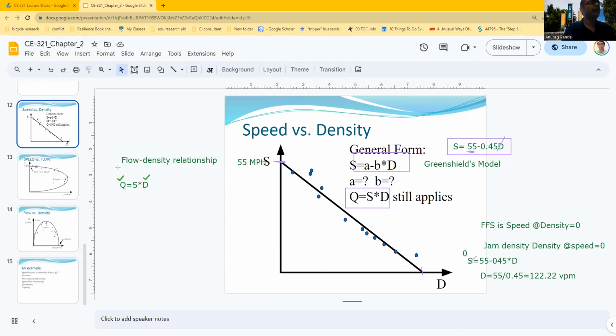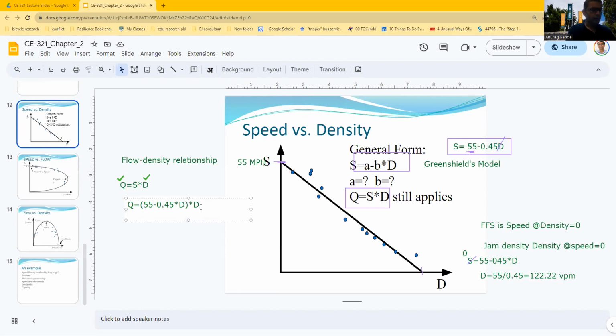So all I need to do to find flow density is just replace the S in Q equal to S times D by 55 minus 0.45 times D. And there you go. I can simplify it a little bit more.